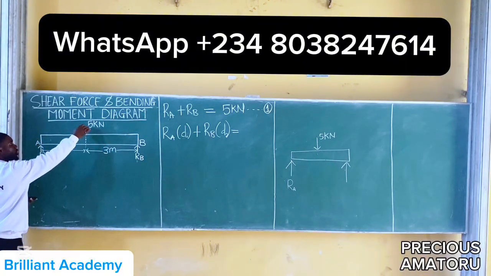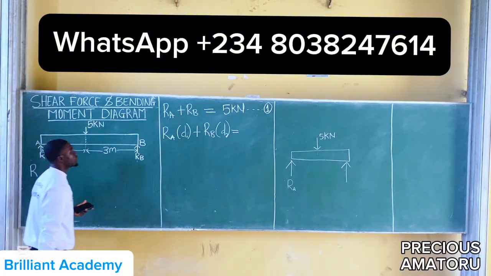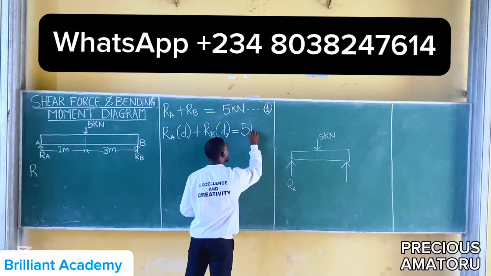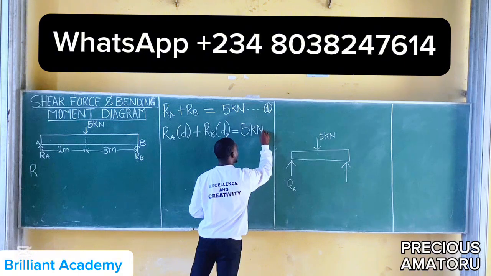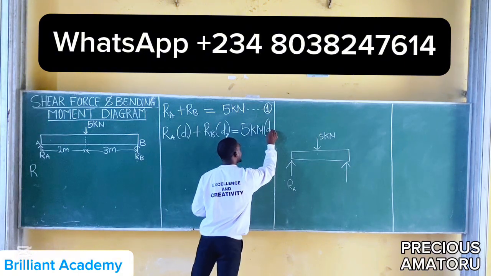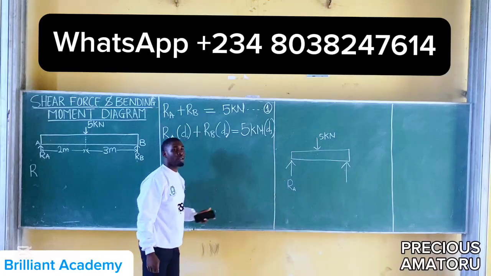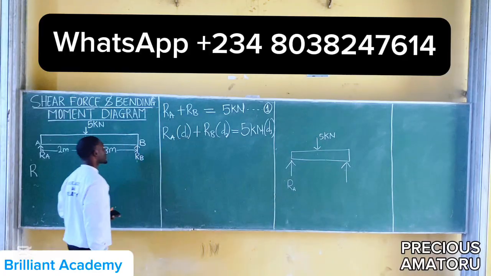So let's calculate for the moment of the force coming downward. It will be 5 kilonewton multiplied by, let's say, D3. Now, let's get the distance.